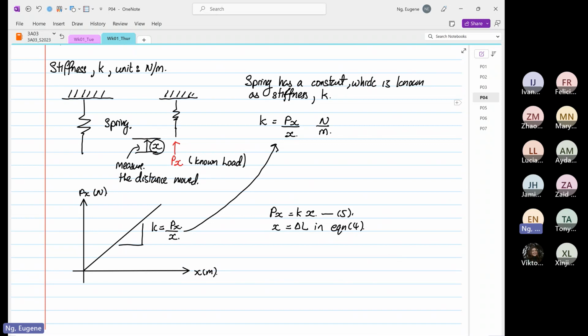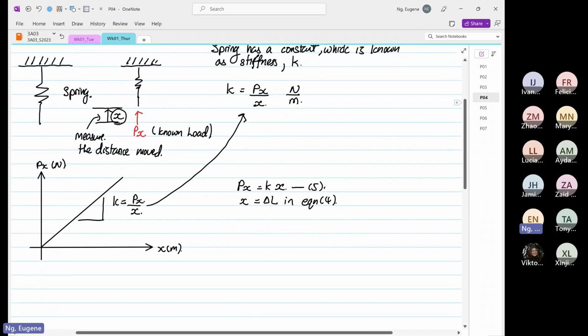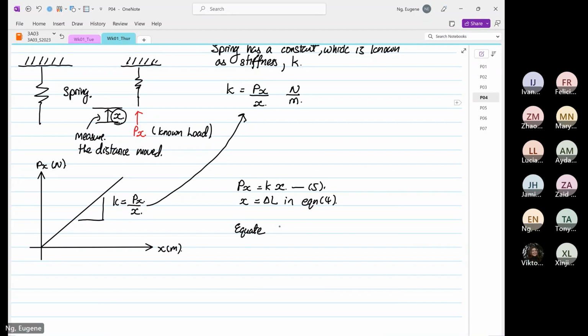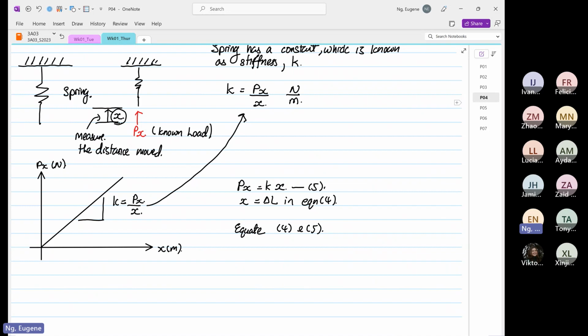If we are going to equate equation 4 and equation 5, so if we go back to equation 4, it is Px L naught over AE.